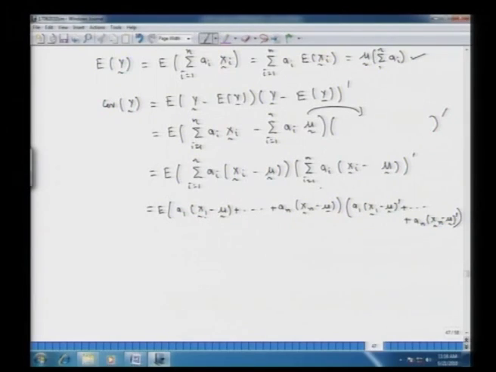Now let's see what is going to happen if we take expectation term by term. Remember that the xi's are independently distributed. So the first term here, when multiplied with all these n terms, gives a1 squared times the expectation of x1 minus mu into x1 minus mu transpose. Now the second entry here, this element multiplied by all the rest of these n minus 1 entries, will lead us to 0, because the xi's are independently distributed, and hence the covariance between x1 and xi for i not equal to 1 would all be equal to 0.